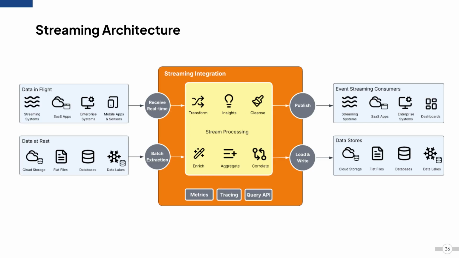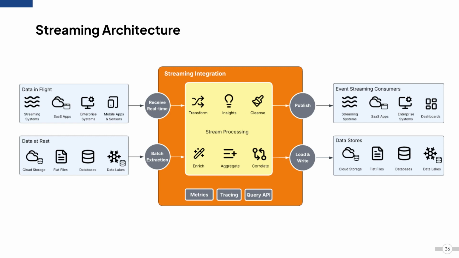Like you may want to extract data from cloud storage, flat files, databases, and data lakes. And then you put that data into a stream processing engine where you may want to do transformation, you may want to do filtering, basically cleansing, doing aggregation and correlation, just like we previously described.